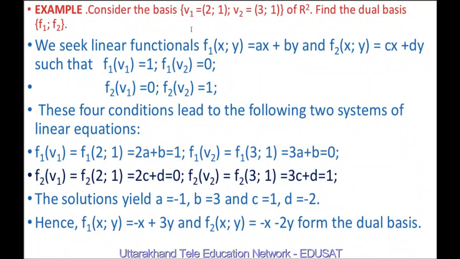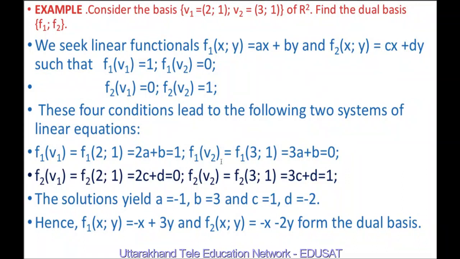If we put v1 equal to (2,1), then f1(v1) is equal to f1(2,1). If we substitute x equal to 2 and y equal to 1 in f1(x,y) equal to ax plus by, we get 2a plus b equal to 1 because f1(v1) is 1. So the first equation is 2a plus b equal to 1.